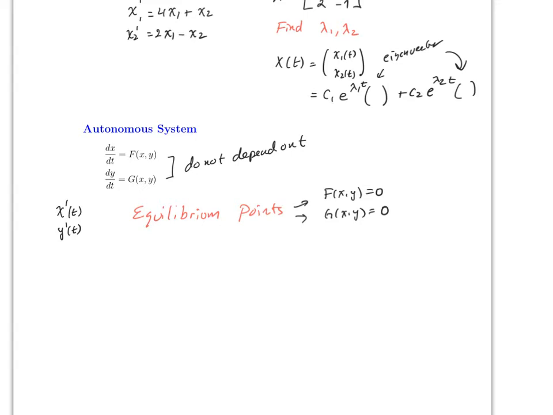Now, we're going to focus only on the case where these functions are linear equations, because they don't have to be linear. And if these two are linear, the equilibrium point most of the time is the point 0, 0, but it doesn't have to be.